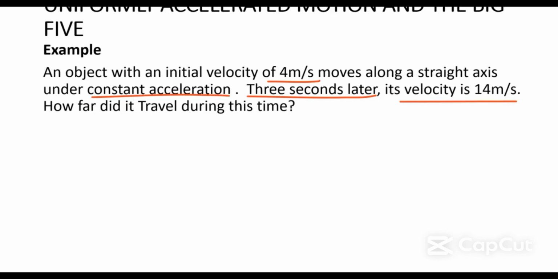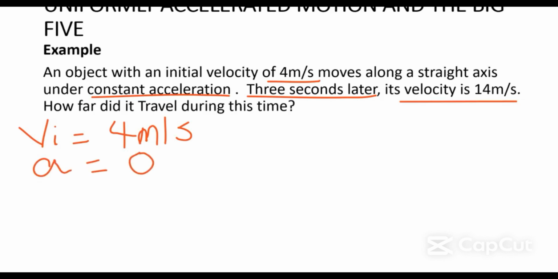So let's bring out all the factors that we have. We have our initial velocity equals 4 meters per second. Then the next one says acceleration is constant, so a equals 0, because when you hear constant, you know it's 0 meters per second squared. The time given is 3 seconds.